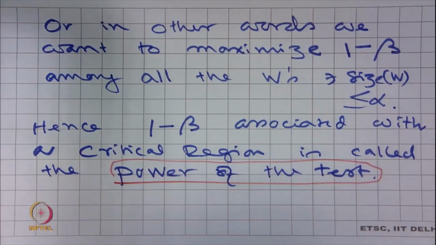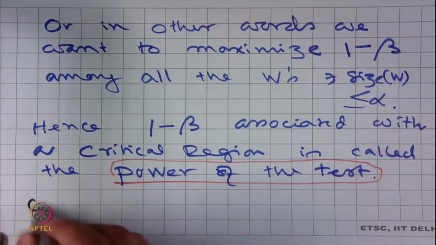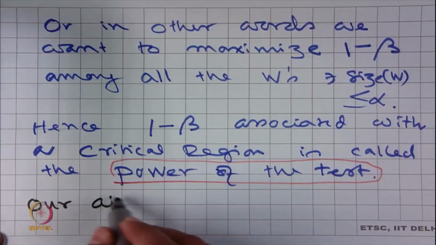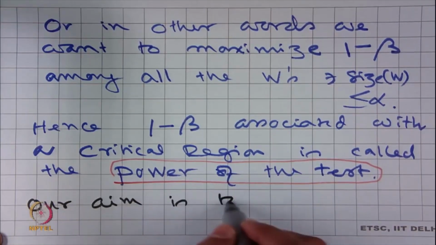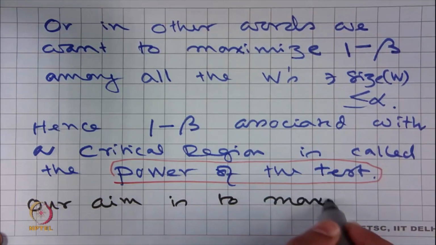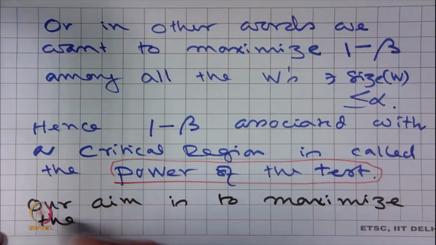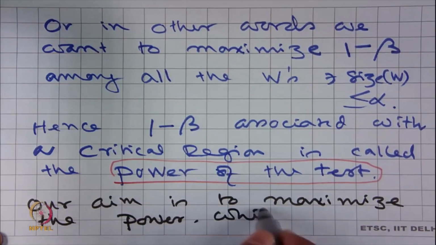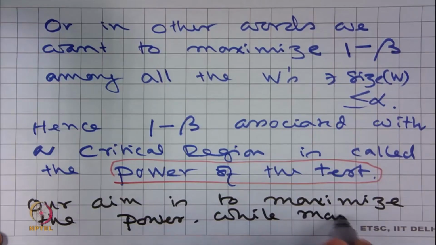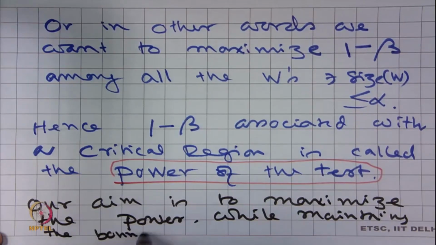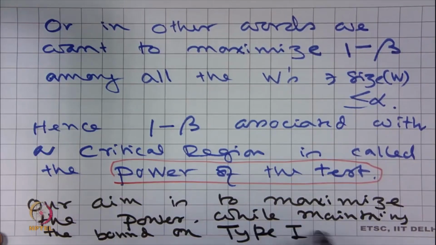And our aim is to maximize the power while maintaining the bound on type 1 error.